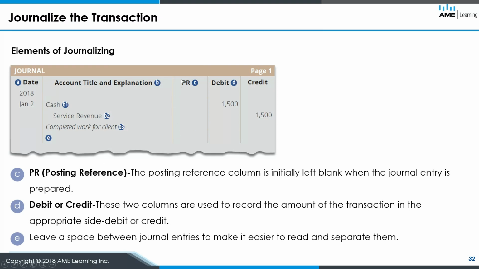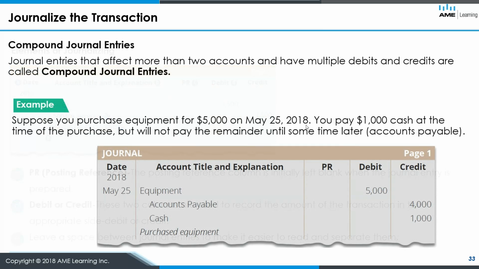And so this idea of the posting reference becomes kind of obsolete in modern accounting software. But as I mentioned, here's the proper formatting: debits first, and the debits are against the margin here, and then the credits are indented, and that follows how the debit and credit columns are laid out.